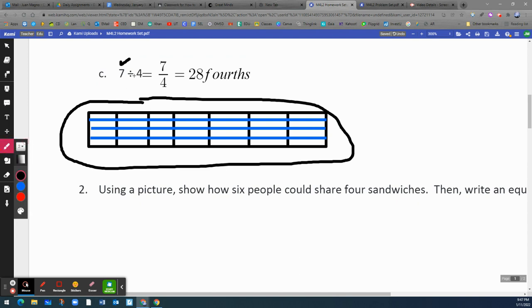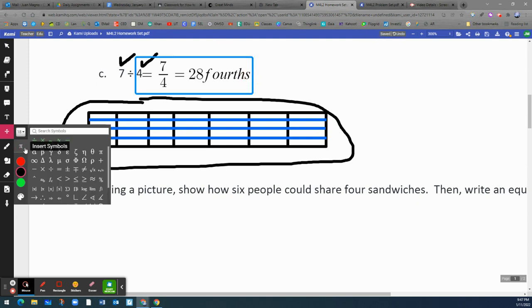So all we did right now, my friends, was to turn this 7 into fourths. And that is 28 of them. And now we're going to divide it by 4, which is the correct direction to do this problem. When you do 28 divided by 4 equals 7. 7 what?